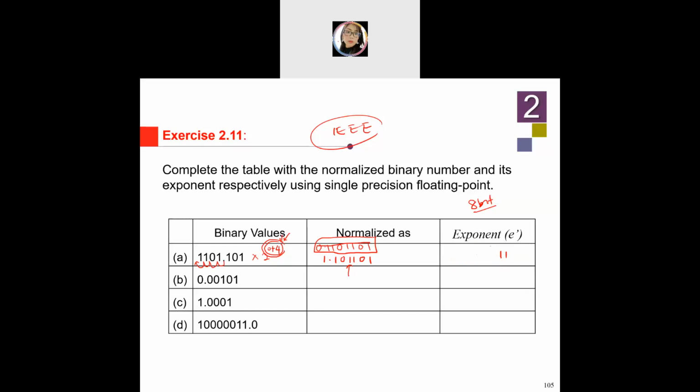Sorry, correct. So you just fill in until 8 bits. So no need to worry about the exponent, especially when you have the value in decimal. Only for the normalization it needs to be in binary, because you are given the binary value now. Okay, next. Maybe just another example.